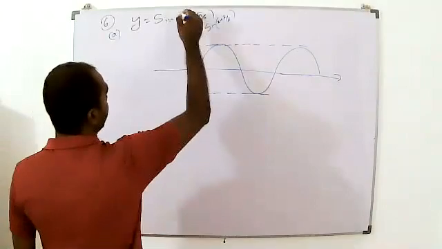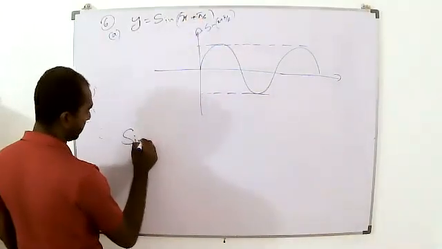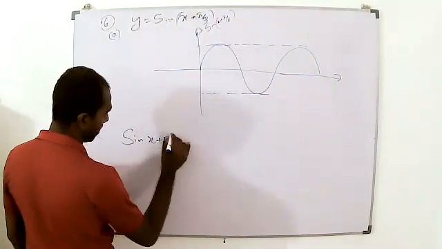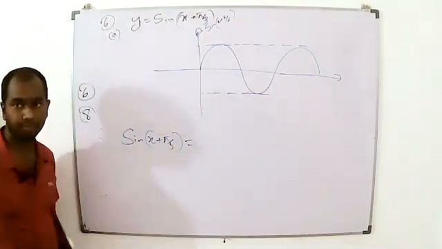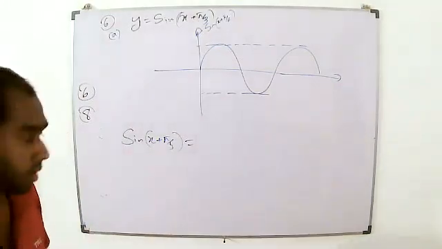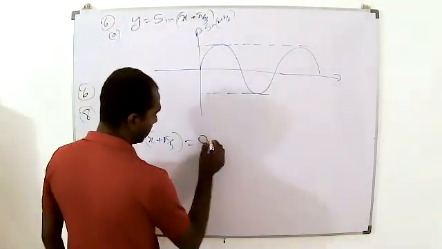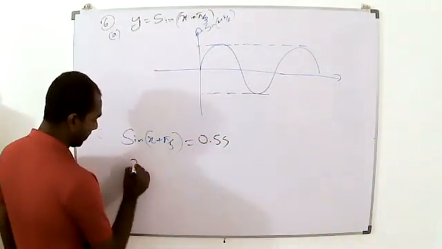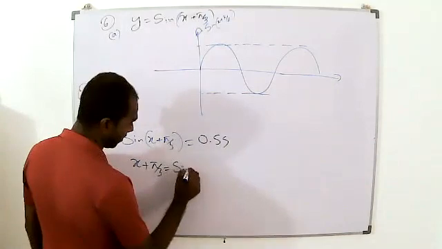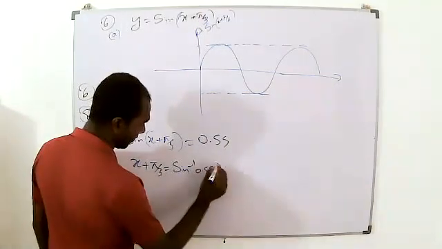From this one, how did we get sine of x plus 60 equals to how much? 0.55. So we can get x plus 60 equals sine inverse 0.55.